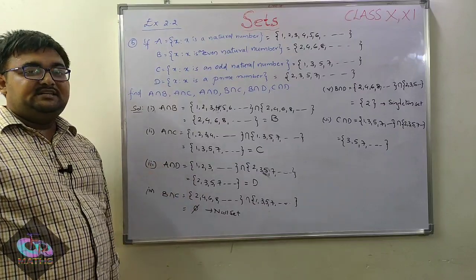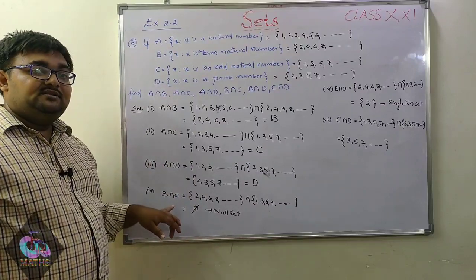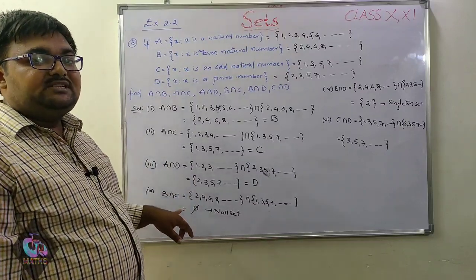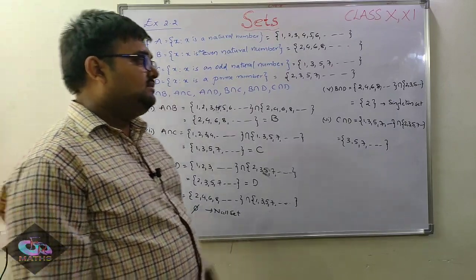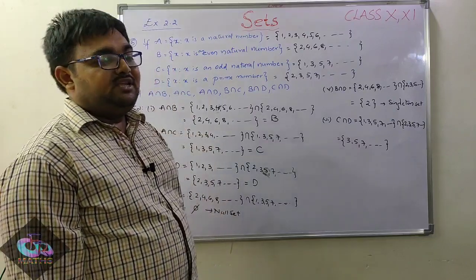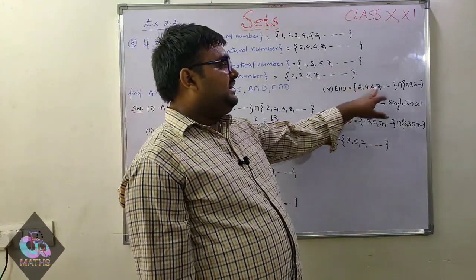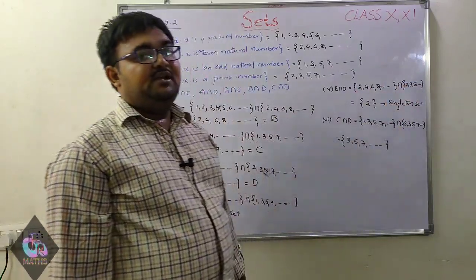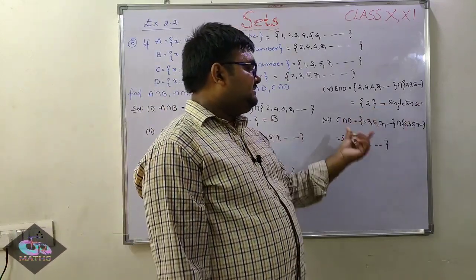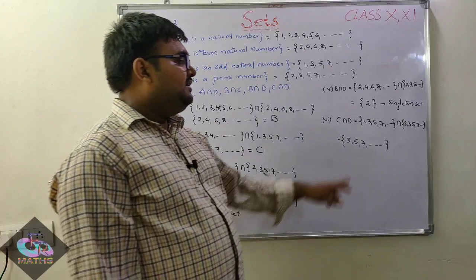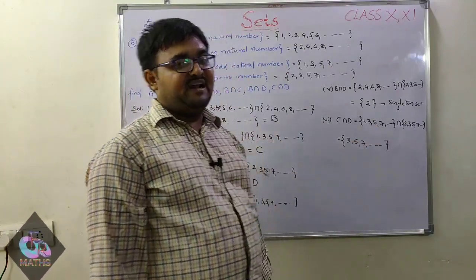Whereas for even natural numbers and odd natural numbers, there won't be any intersection, so that's why we got the null set. Whereas for even numbers and prime numbers, only 2 is an even prime, so that's why we got one singleton set. Next, C intersection D, here we got odd prime numbers.